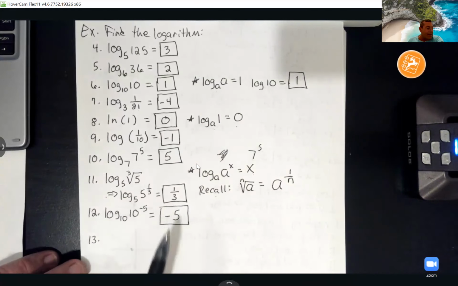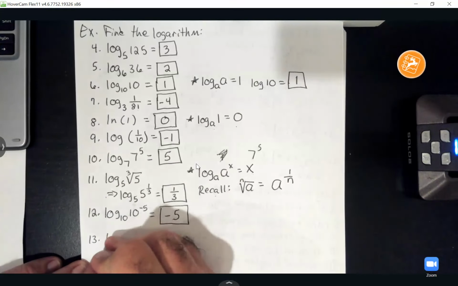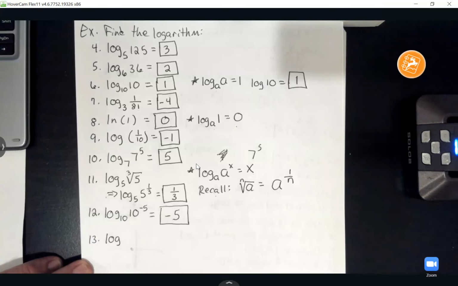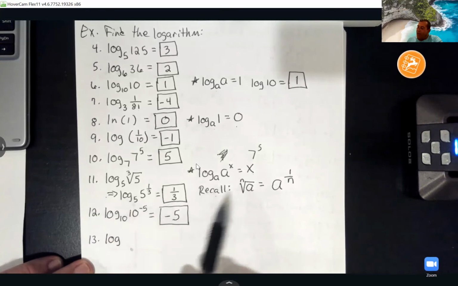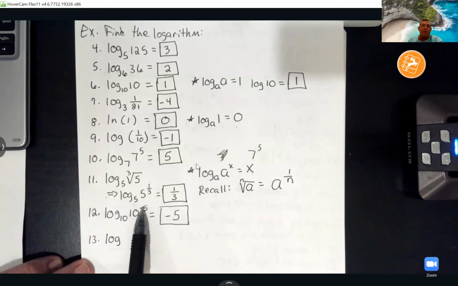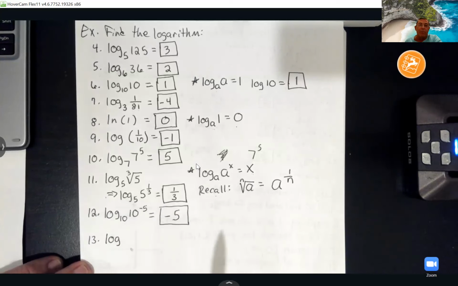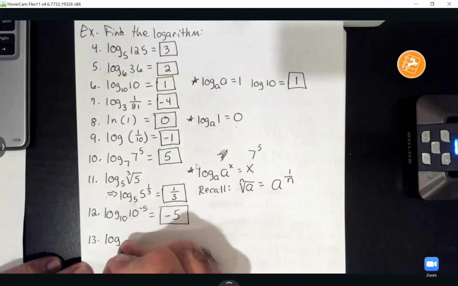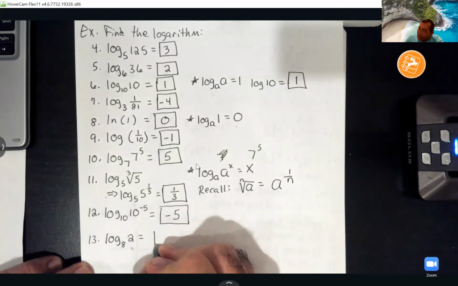Either way, you would get that. But there's really no point, because it's always going to be the exponent. I mean, to check your work, of course. If you have that property down, where it's always equal to the exponent, I'm just writing exponents and moving on.